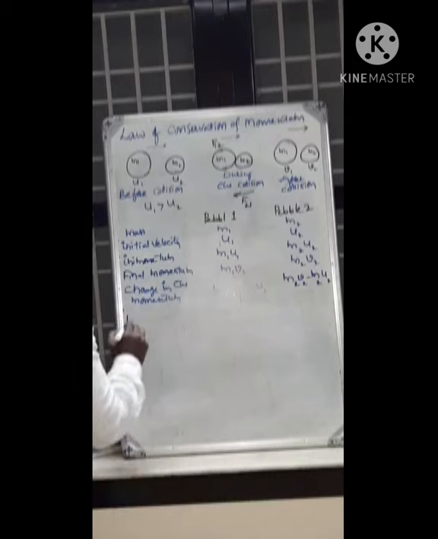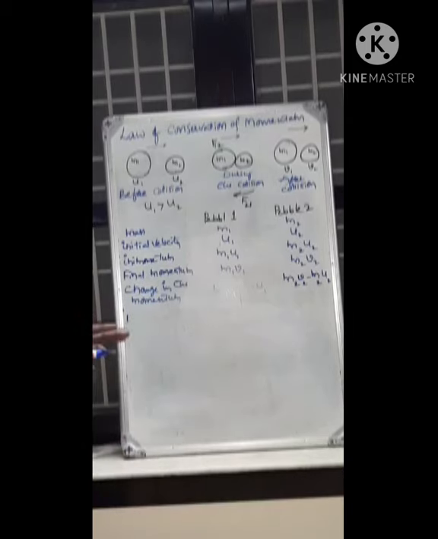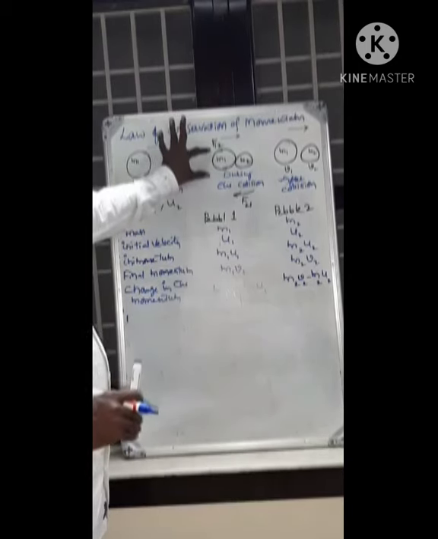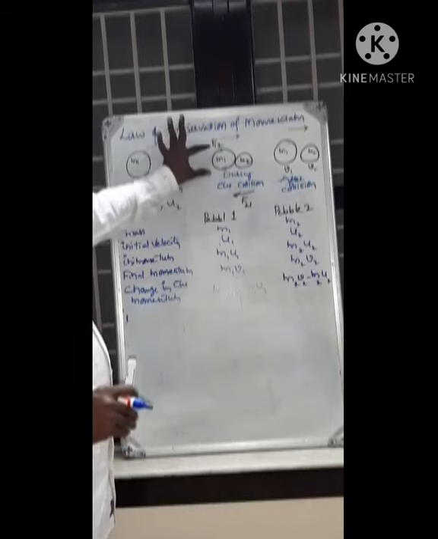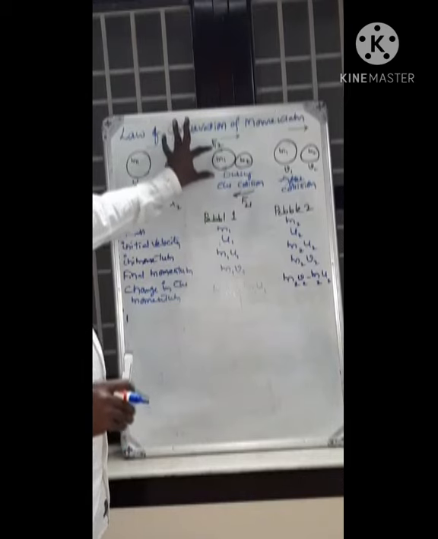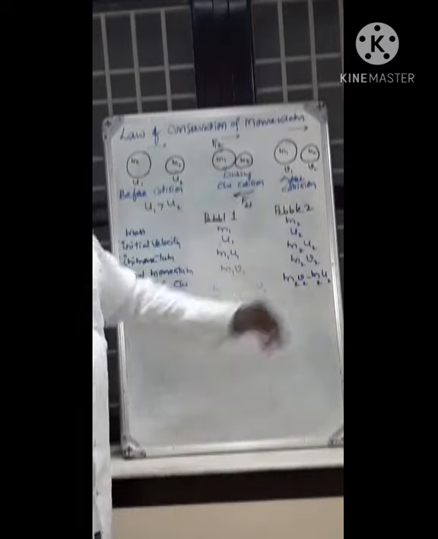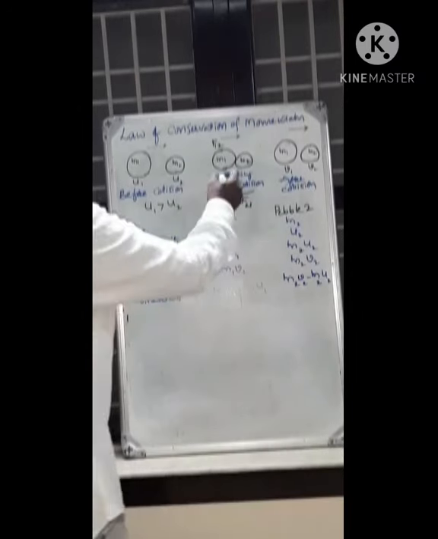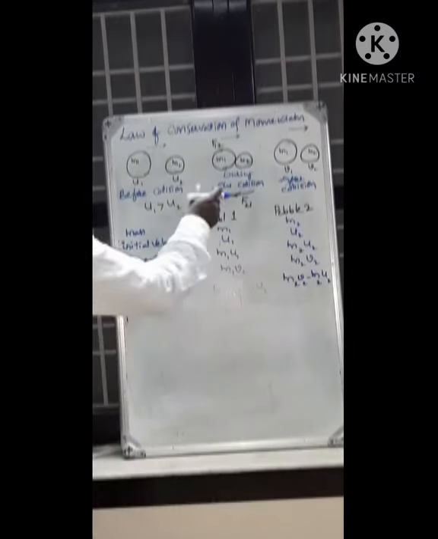Now, with respect to the time, that is the collision time, the impact time, the interaction time, let us take it as t. For the time period t, they were in collision.